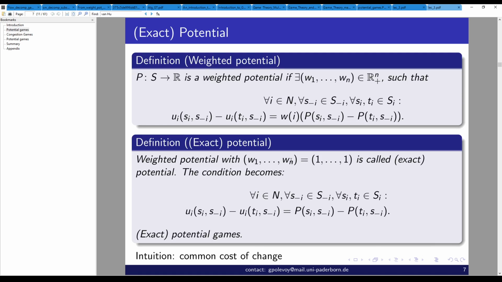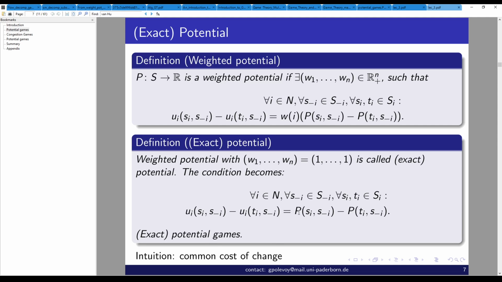Now we're going further and we're going to define an even stricter, for this lecture the final, the most strict, and probably the most common notion of exact potential or just potential. So a weighted potential with weights all being 1 is called exact potential. So basically, the condition now becomes that the utility change is exactly equal to the potential change.